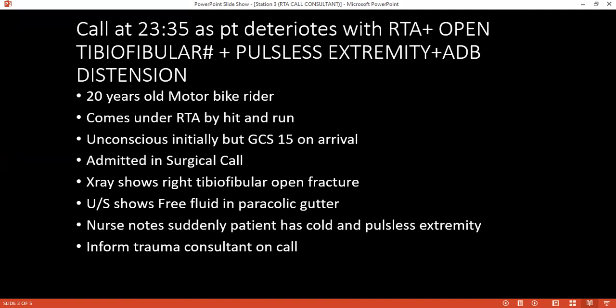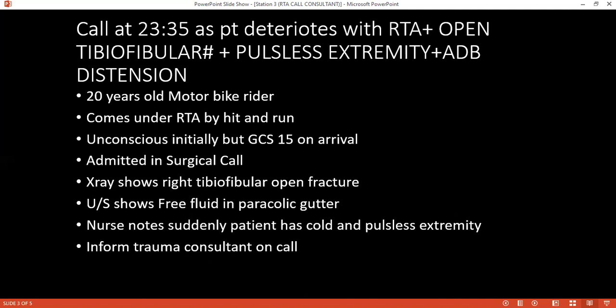Also the patient is having some free fluid in the abdomen, and ultrasound shows free fluid in the paracolic gutter, so the patient needs laparotomy as well. At the same time, as the patient has an open fracture, we can inform the orthopedic surgeon and fix that fracture with external fixation.